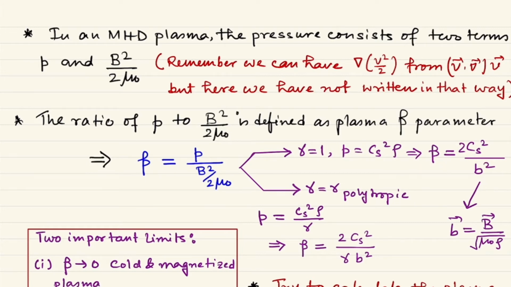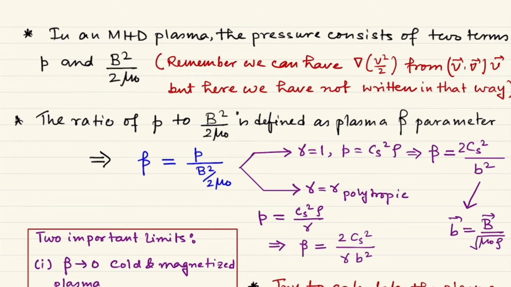Now we consider another simple case, which is the polytropic case, so gamma is equal to gamma polytropic, for example. Then the pressure is no longer just proportional to rho, but pressure can be written as Cs square rho by gamma, but this Cs square itself is a variable.